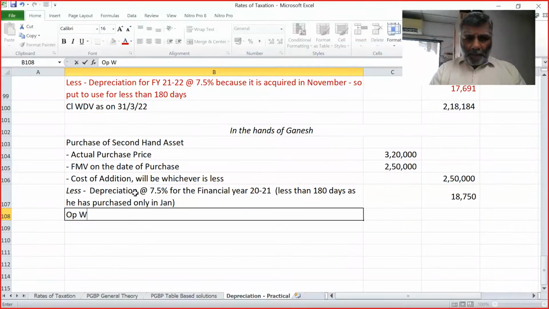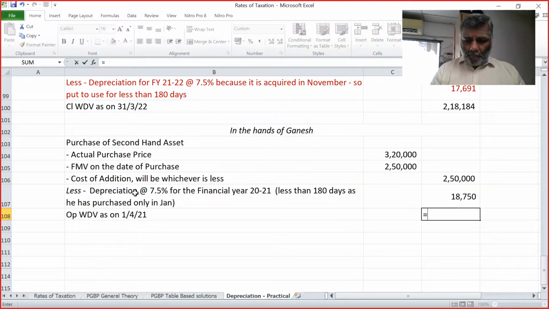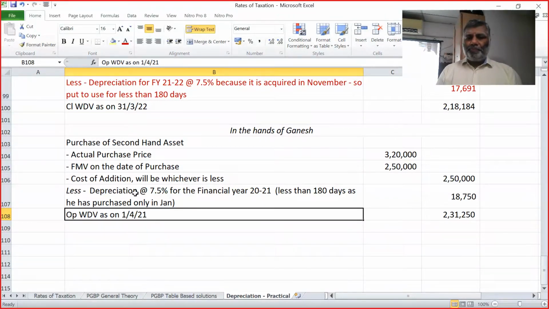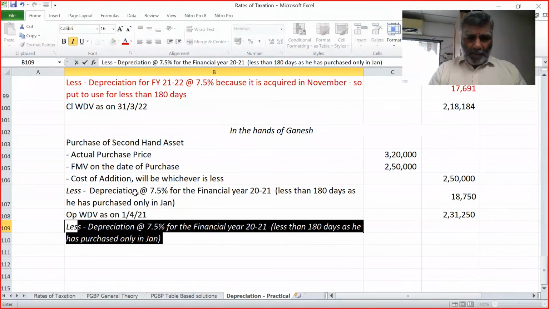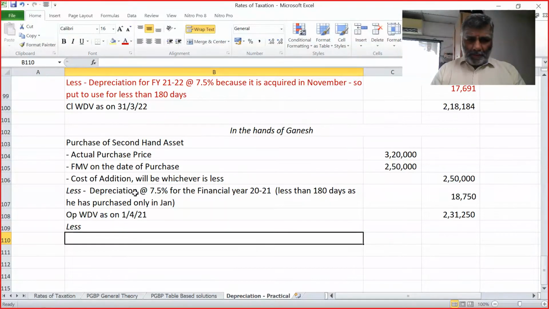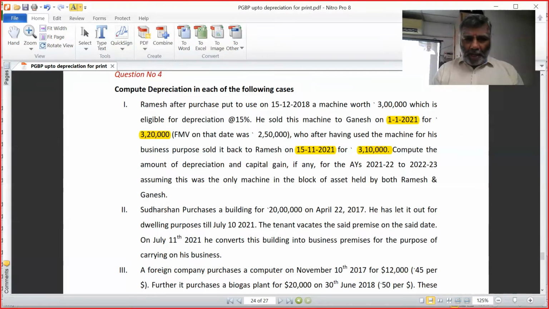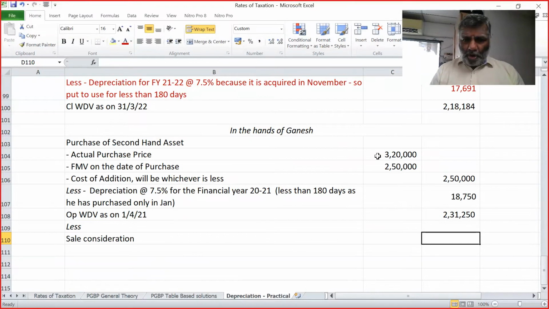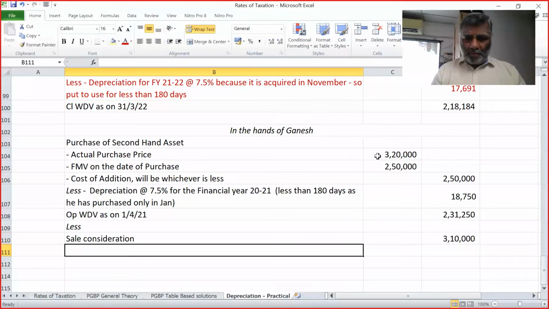Opening WDV as on 1/4/21 will be 2,31,250, less sale consideration. He has sold the asset, after using the machine, back to Ramesh for 3,10,000.